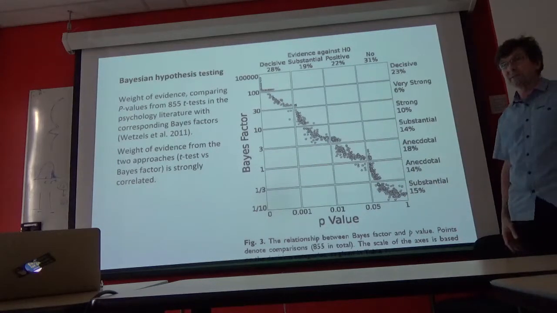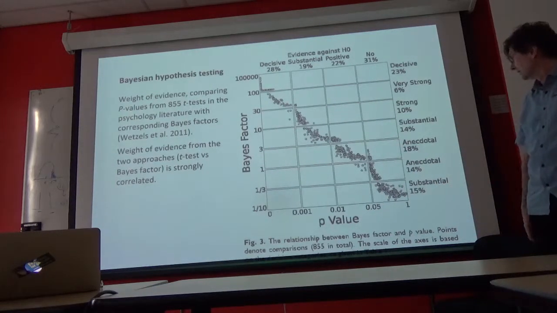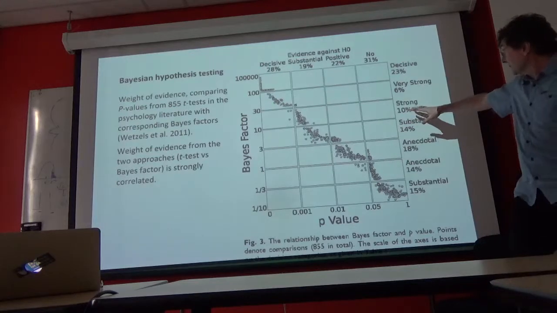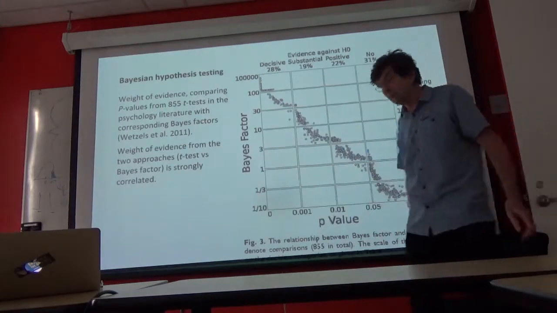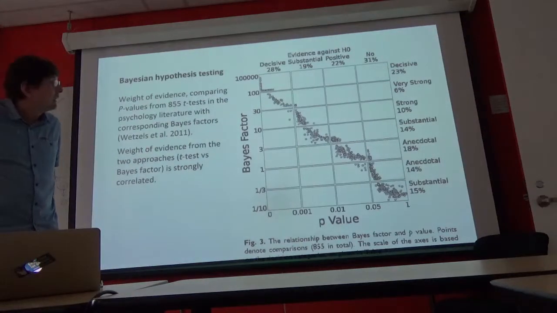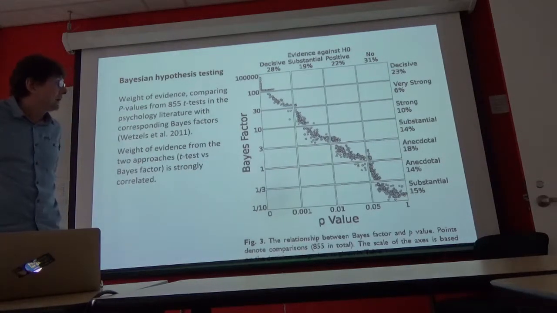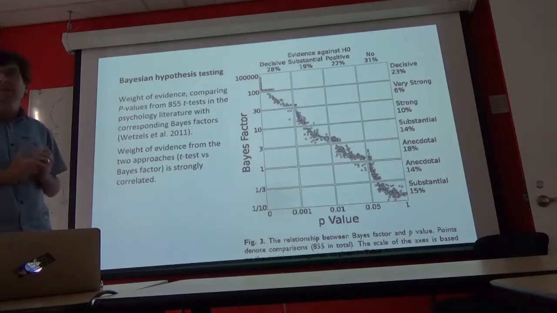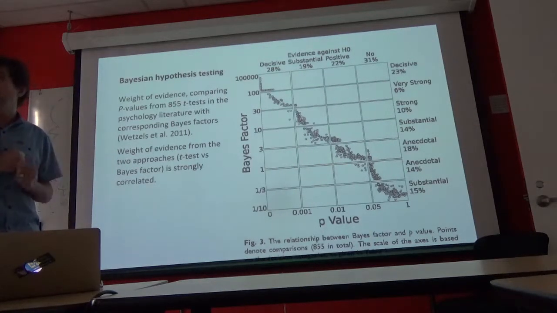Basically, as far as Bayes factor is concerned, it represents only anecdotal evidence at best. And it's not until you start reaching p-values of 0.001 that you produce a result that, in a Bayesian context, constitutes strong support for the alternative hypothesis.